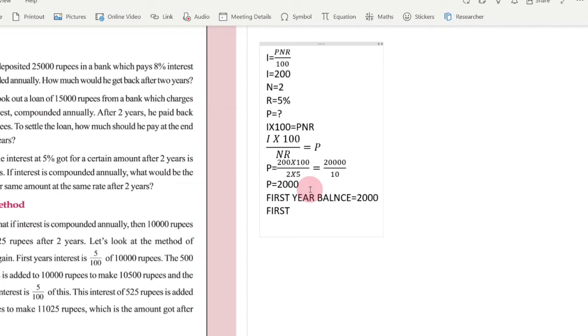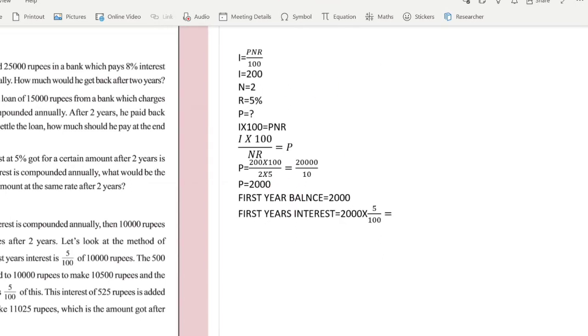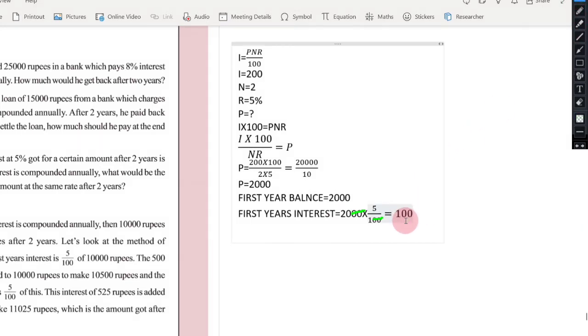So the first year's interest is equal to 2,000 into 5 by 100. Cancel the 2 zeros, then 20 into 5 is equal to 100. So the first year interest is equal to 100 rupees.